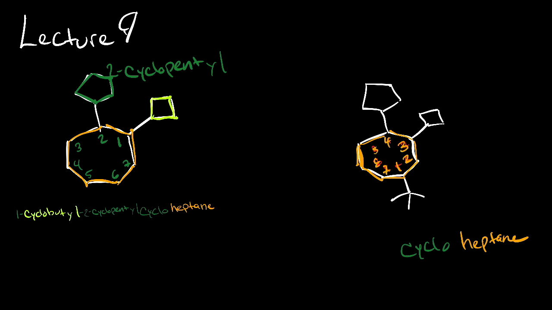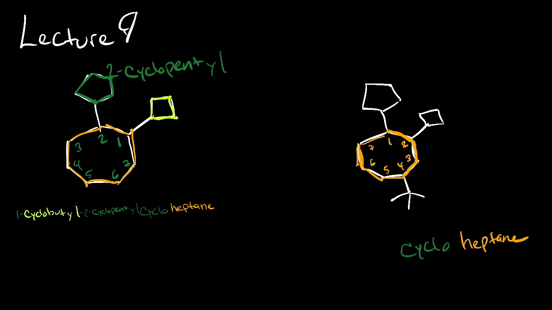That's much better because now our numbers are 1, 3, and 4. But that's still not the lowest. We can still get lower than 1, 3, and 4. If we do it this way, for instance, we get 1, 2, 4. All right. So by counting it this way, starting at this one up here, our numbers are the lowest they can be, 1, 2, 4.